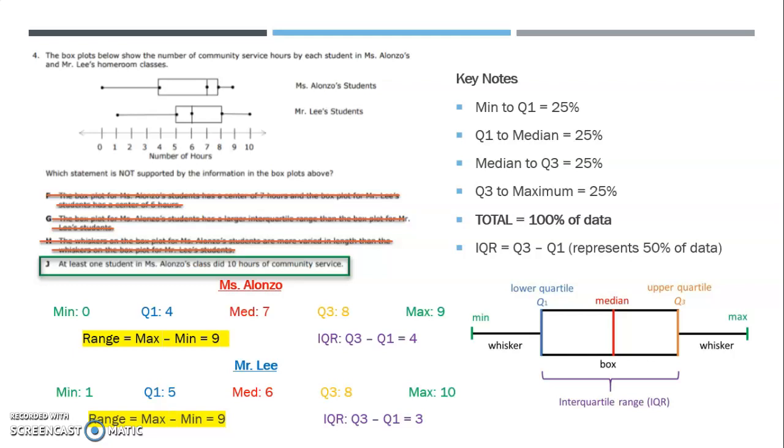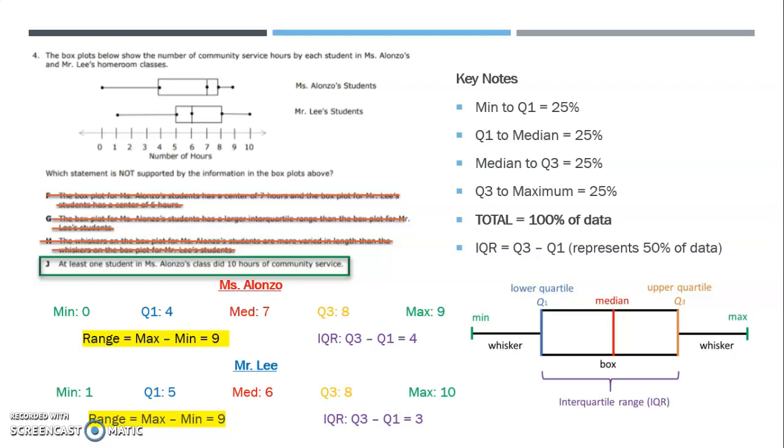The other way you can understand letter H is the fact that I'm looking at the spacing, right? I'm looking at the spacing, and Miss Alonso's is true because if you look at the whiskers, which are the outside, the minimum to Q1 and the Q3 to the maximum, they are more varied.